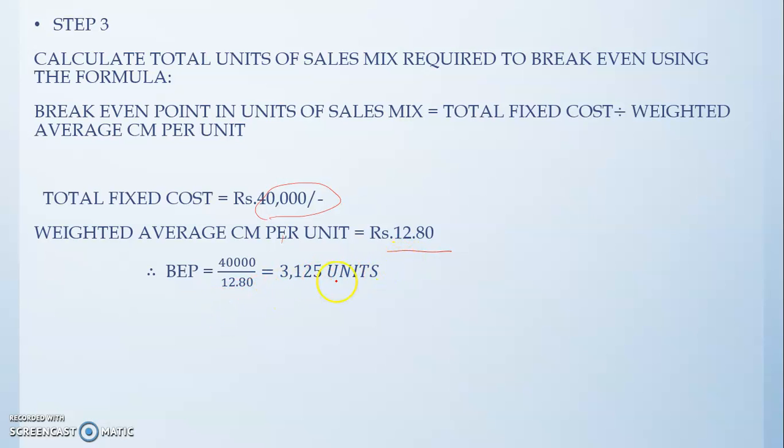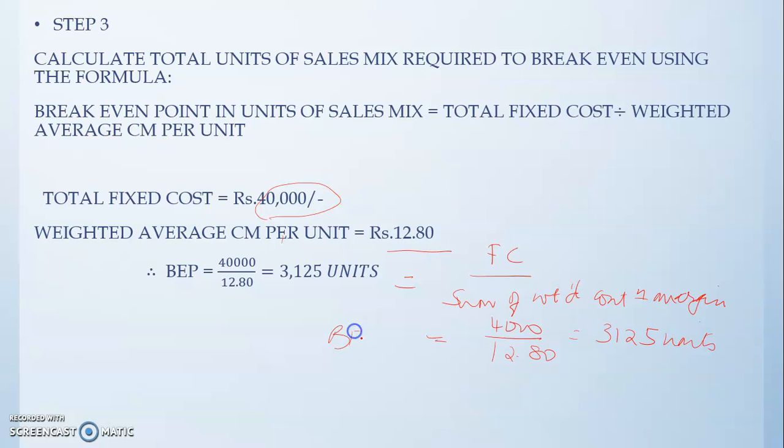So the break-even formula will be equal to fixed cost divided by sum of weighted contribution margin, which is 40,000 divided by 12.80, which is 3,125 units.